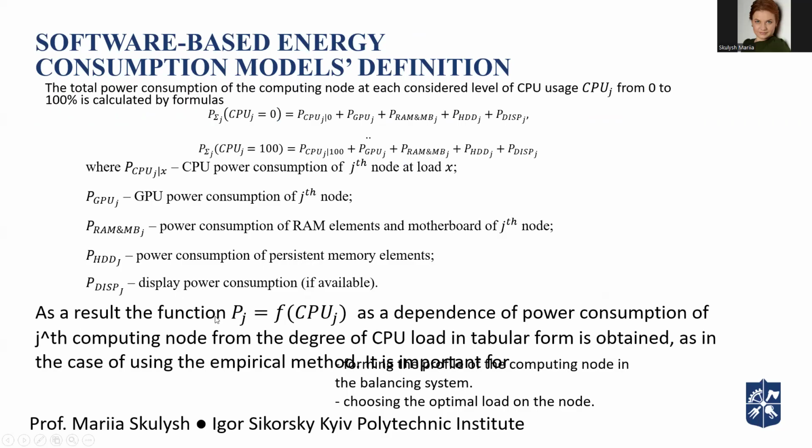As a result, for the power consumption function, P of F CPU is the dependence of power consumption of a group of computing nodes on the degree of CPU load. Remember, when I started to talk about energy efficiency, I talked about such a nonlinear dependency.